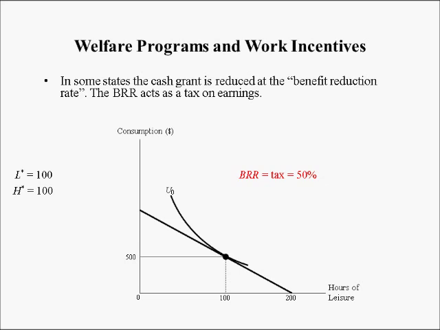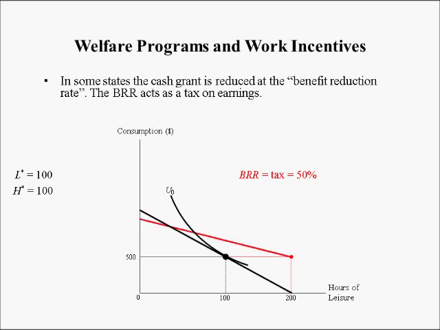This is before they sign up for welfare payments. If they sign up for welfare payments and they don't work at all, they'll get a $500 allowance. Now, I demonstrated in the previous table that the 50% benefit reduction rate acts as a tax on earnings because for every dollar your earnings increase by, your benefit of $500 is reduced by half a dollar.